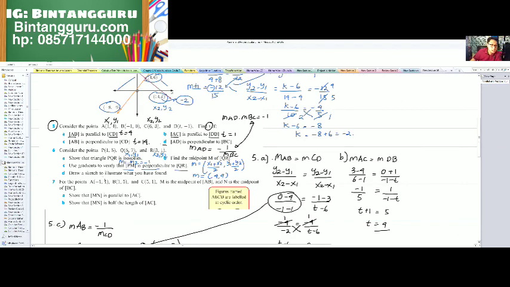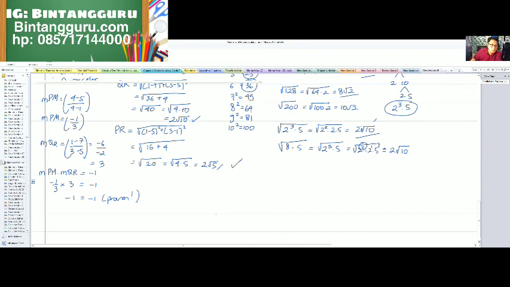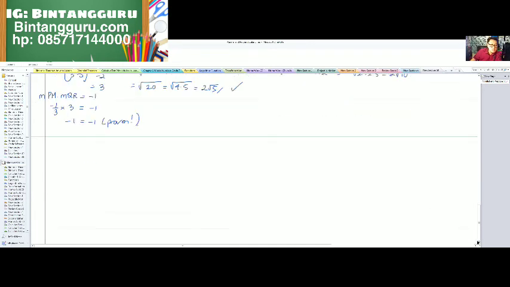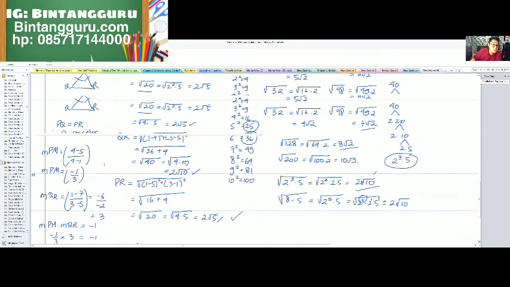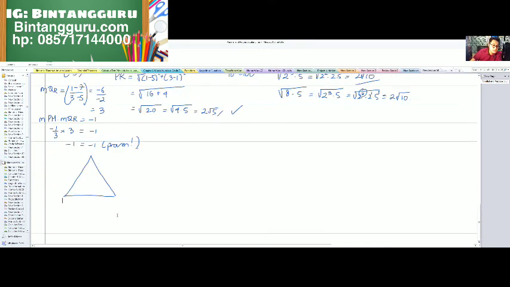D, draw a sketch to illustrate what you have found. Okay, so we draw again. We draw this, this, this way. Q, P, R, and then PM.